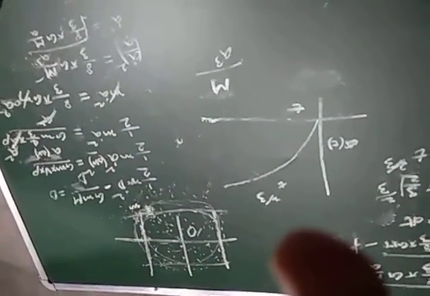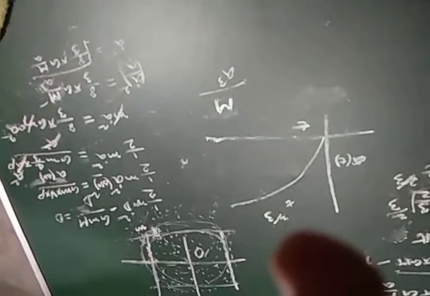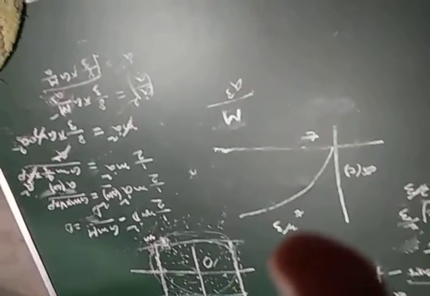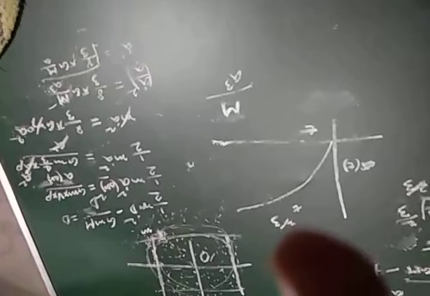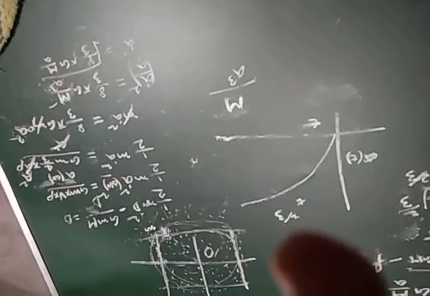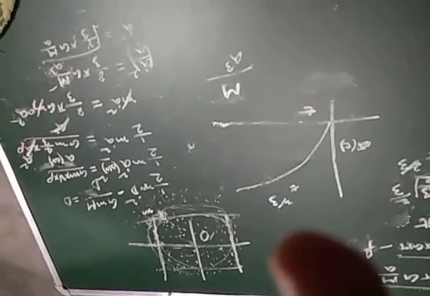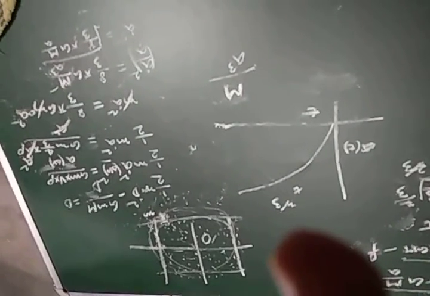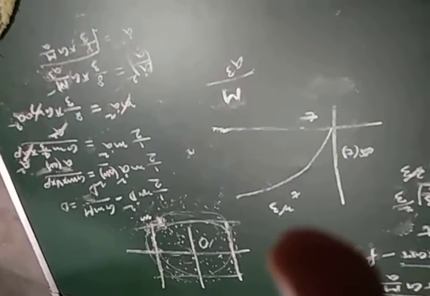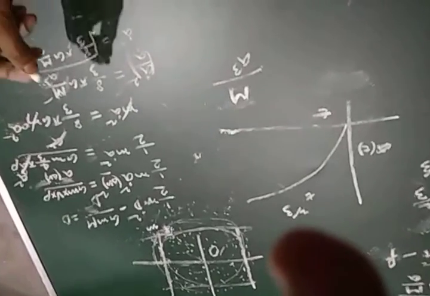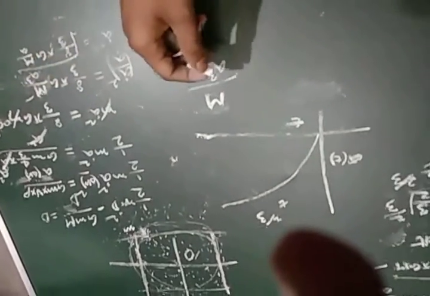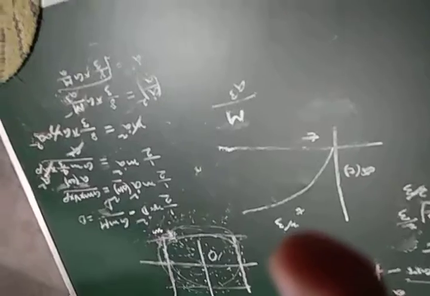But what is the energy? The equivalence which I have stated has some ground. Please think over it and mention it in the comment box if you have a comment. So the mass concentrated here is not a constant.